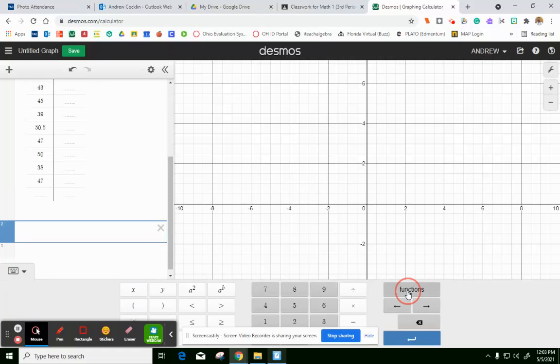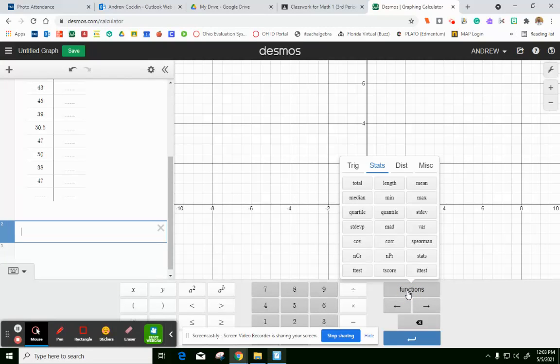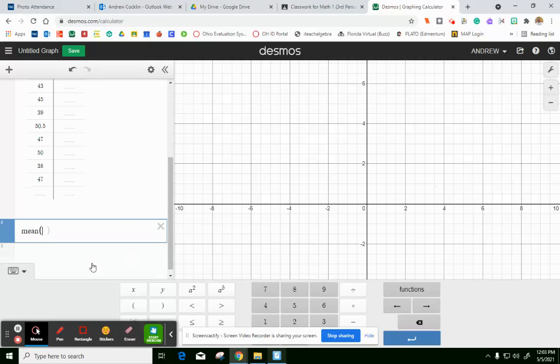And over on the far right, you have a button that says functions. There are 4 categories. If you click on the second one that says stats, then if you look right there across the top right corner it says mean, which would be our average. If you click on that, the word mean will show up in your equation box number 2.